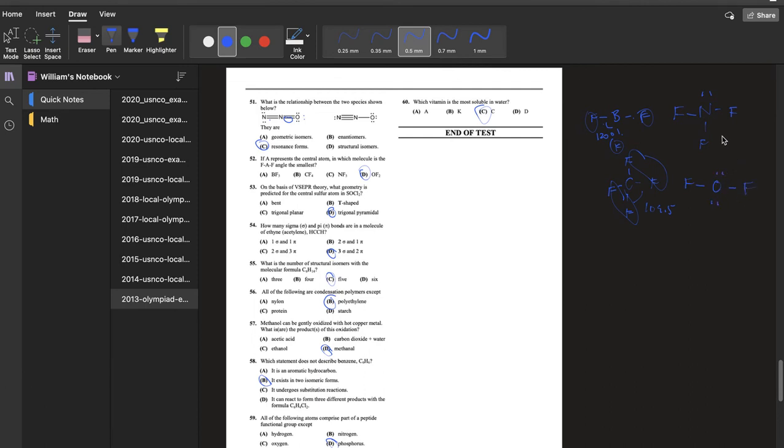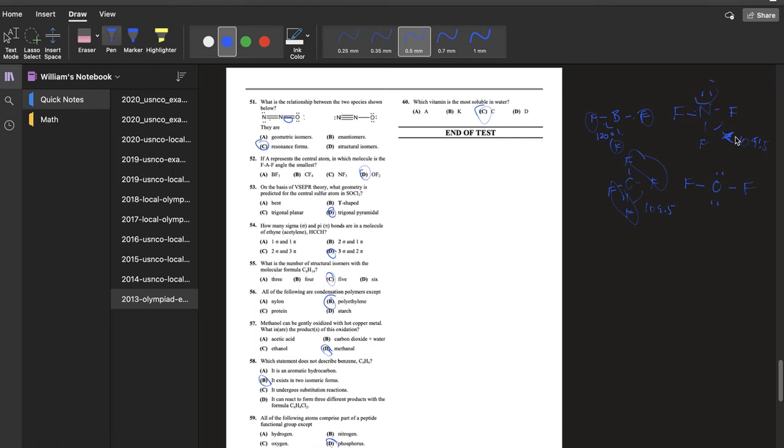Oh no, it would be slightly less than 109.5. Because technically you have to consider this an electron group, so 1, 2, 3, 4, so it's trigonal pyramidal, but a lone pair repels the other stuff slightly more than just a bond would.